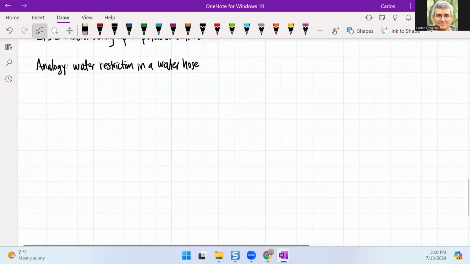So here we go. When water is flowing out of a hose, its rate is constant according to what is called the volume flow.